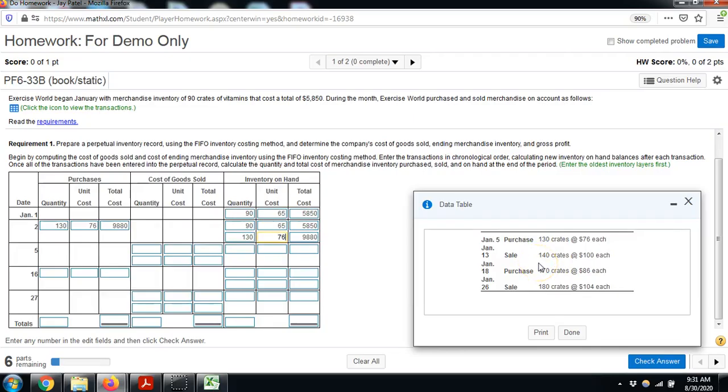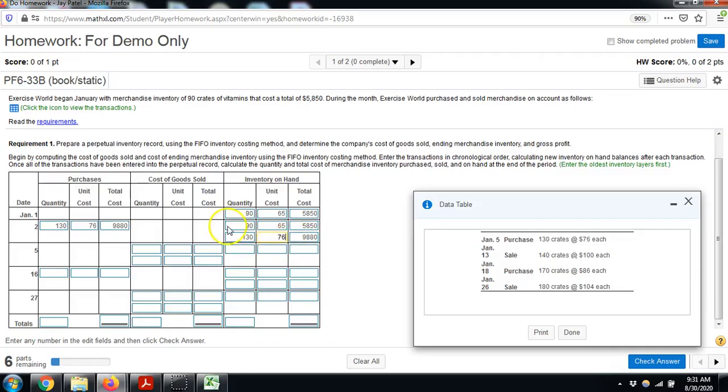So under FIFO, it's first in, first out, meaning we start with the oldest layer. So we're going to try to take as many of these 140 crates from the oldest layer first. So this 90, we're going to take all of them, and then the remainder, 140 minus 90 is 50, we're going to take from this next oldest layer.